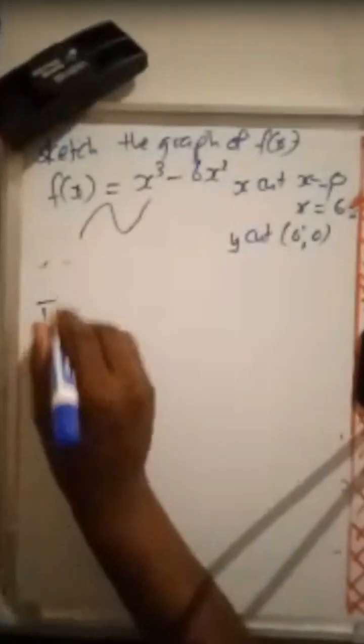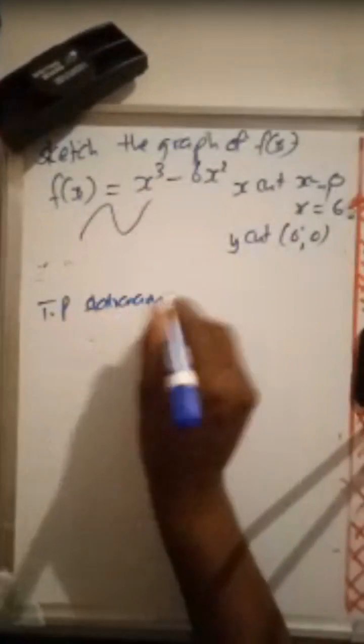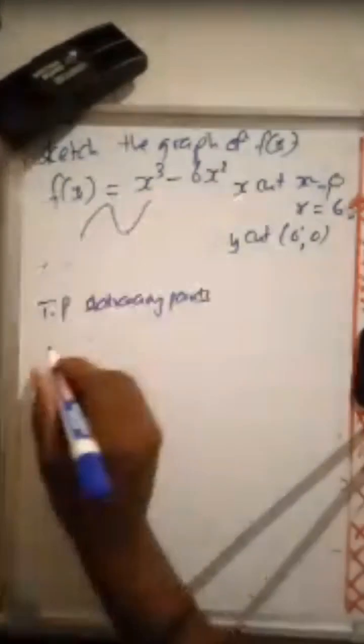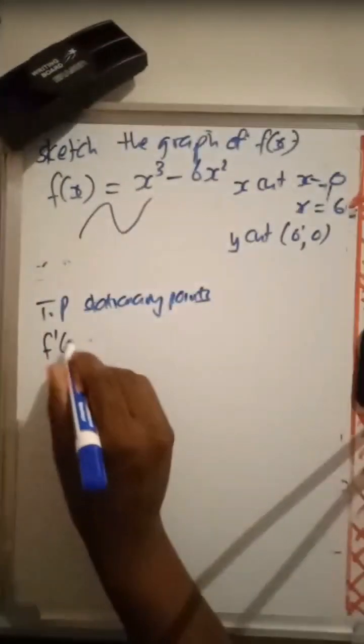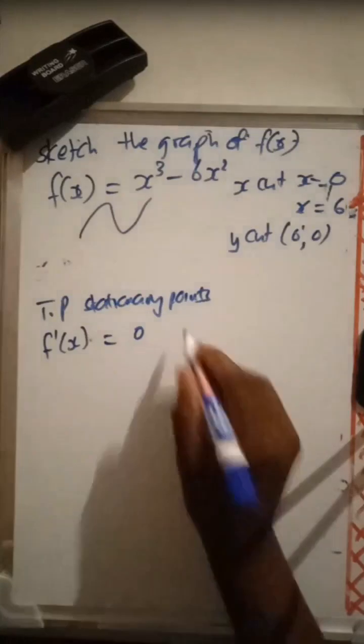Now we go to the stationary points, the turning points. Which are the stationary points? In order to find the stationary points, what do we do? We have to find the first derivative and equate it to 0. Now, what is the first derivative there?